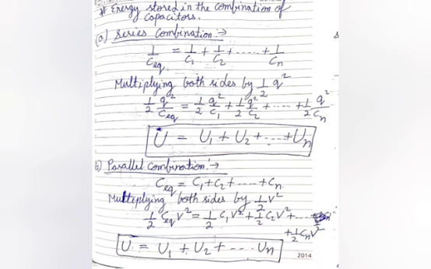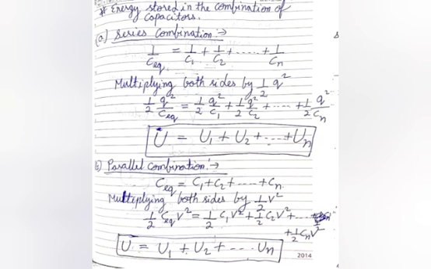As we know, in series combination 1 upon C equivalent is equal to 1 upon C1 plus 1 upon C2 plus 1 upon C3 and so on till 1 upon Cn. What we'll do is multiply both sides by half q square. Our expression becomes half q square by C equivalent is equal to half q square by C1 plus half q square by C2 and so on till half q square upon Cn.